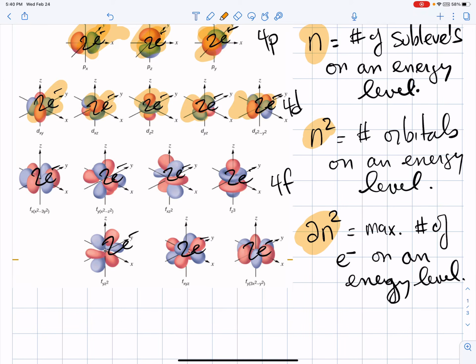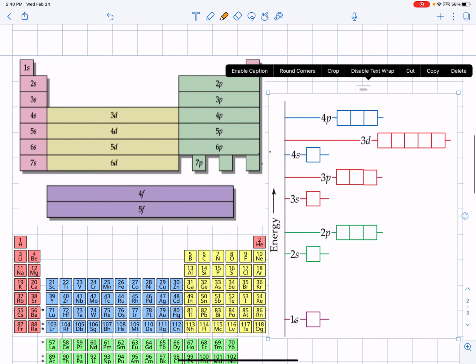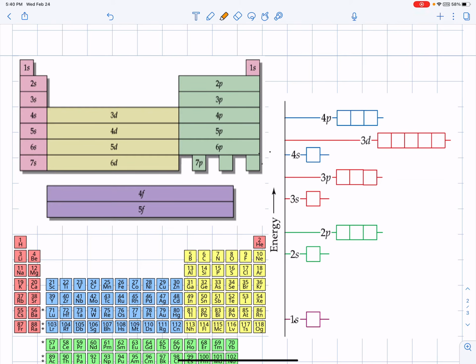All right, so those are 3 important things to notice. Now we saw that the periodic table can be divided into blocks. The 4 blocks match the S, P, D, and F sublevels that we've been talking about.